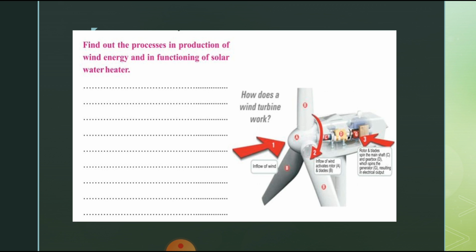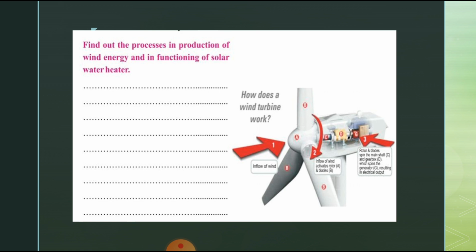When it is rotating, which energy is being created? Mechanical energy. And the spinning blades are attached to a hub, and a low speed shaft turns along with the blades. It is near the blades only, you can see over there.